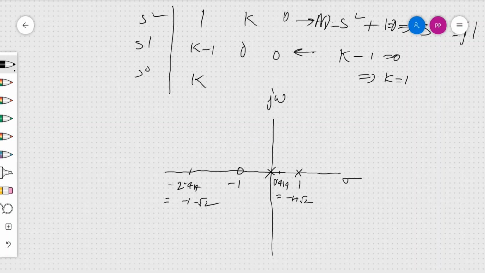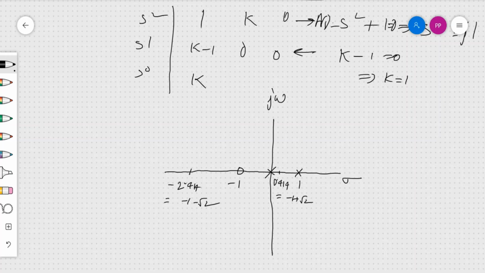So here we have the two breakaway points for the root locus at minus 1 minus root 2 and minus 1 plus root 2.